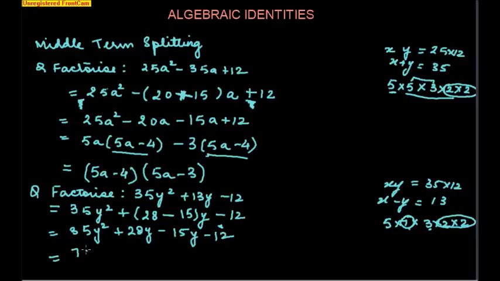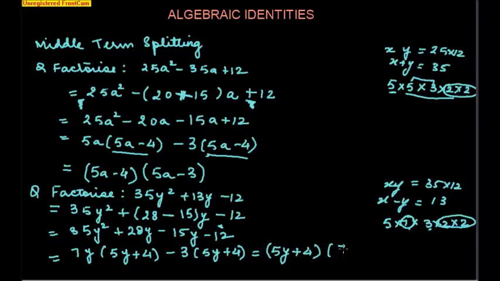I take 7y common and I get 5y plus 4, and here I take minus 3 common, and I get 5y plus 4. If you see, 5y plus 4 is common and I am left with 7y minus 3, which is the factorization of the expression given.